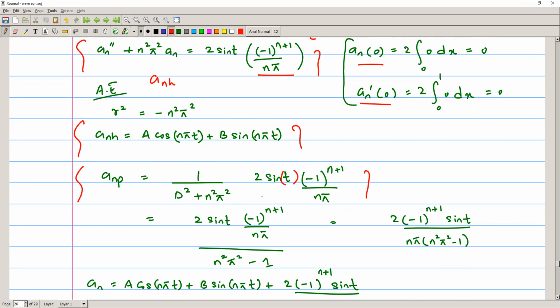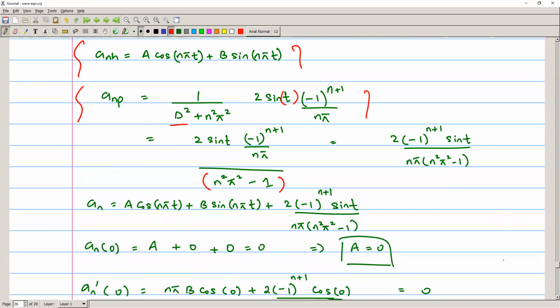Therefore, we put D squared equals minus 1, so it will be 2 sine t times (-1)^(n+1) over n pi over (-1 plus n squared pi squared), but we write it this way to make it simpler, and then we get this function.